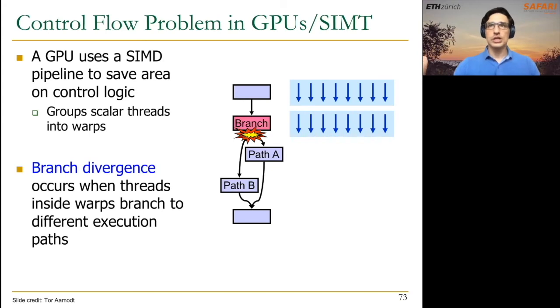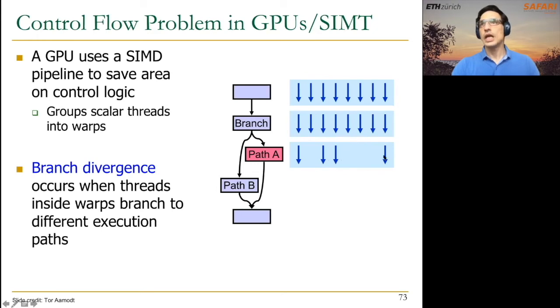They go to the branch, they evaluate the branch condition, and then some of them will have to go through path A, some others through path B. These particular threads, for example thread 0, 2, 3, and 7, execute path A, and the remaining threads execute path B.